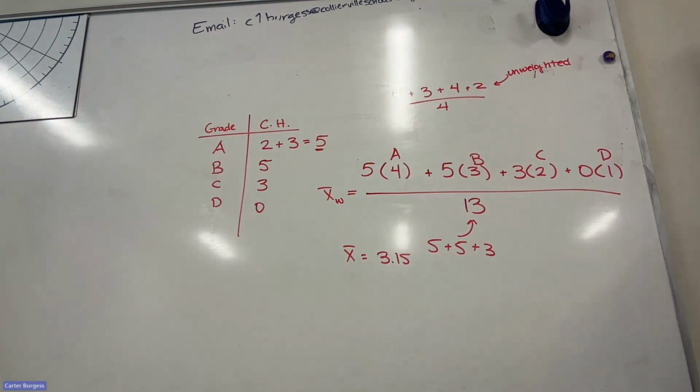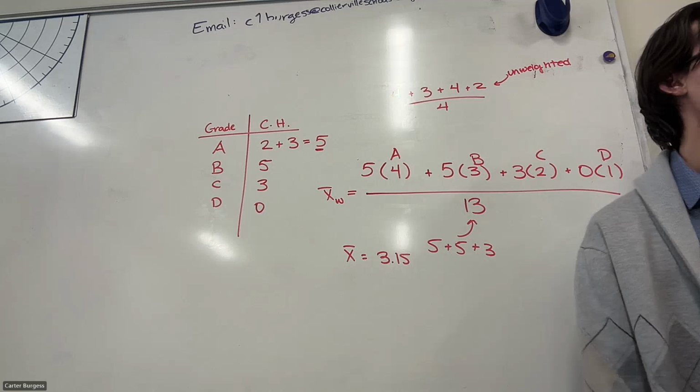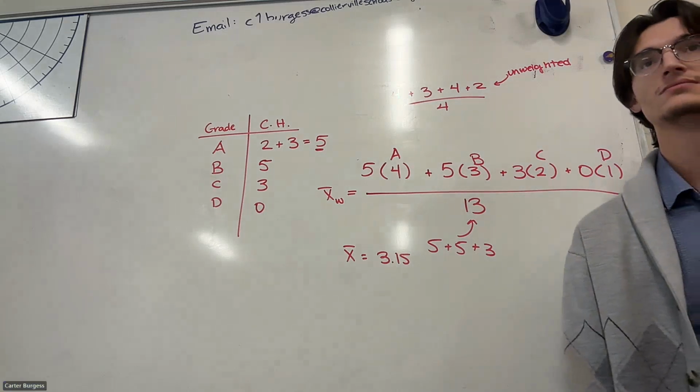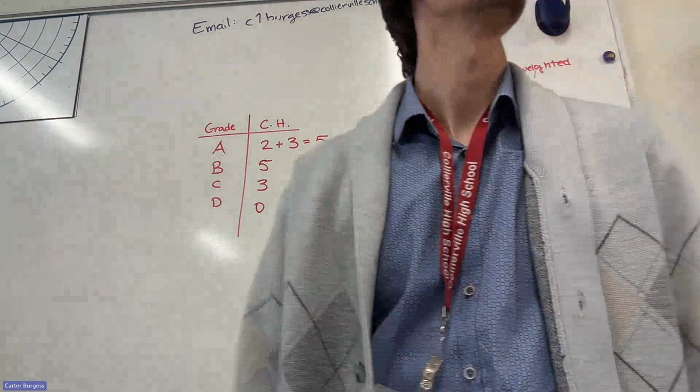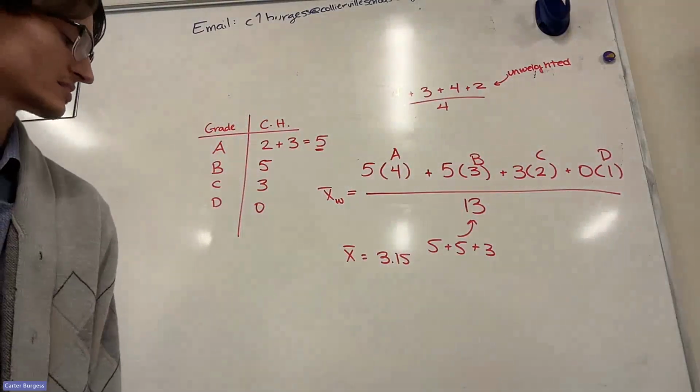All right, questions with our weighted average example? Not too bad. Horrible. Somewhere in between. Which I guess would be bad if my best metric, if my highest value is that.